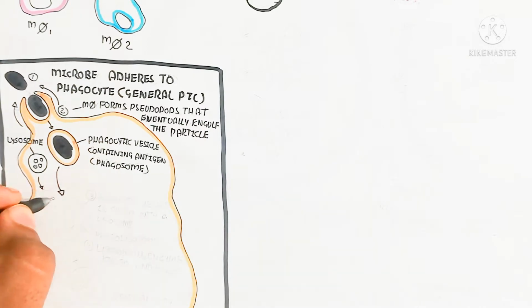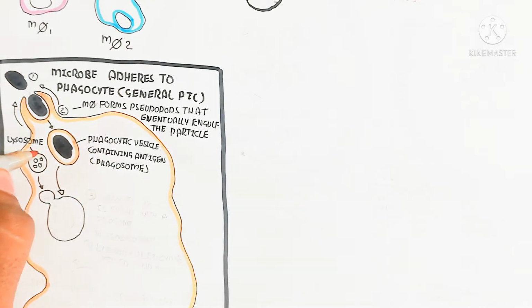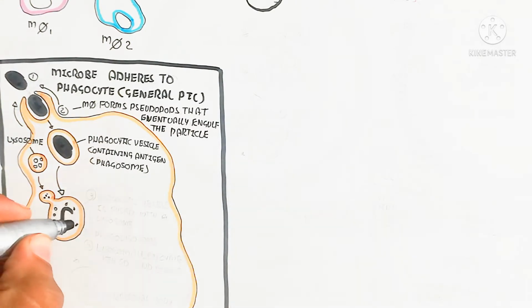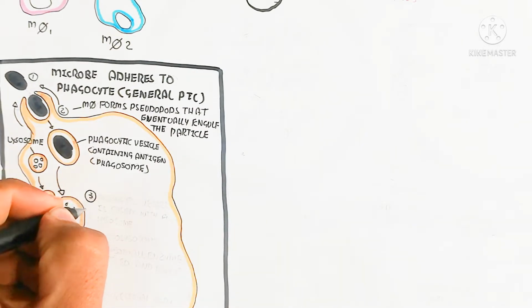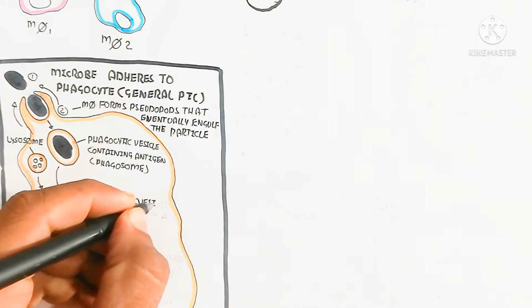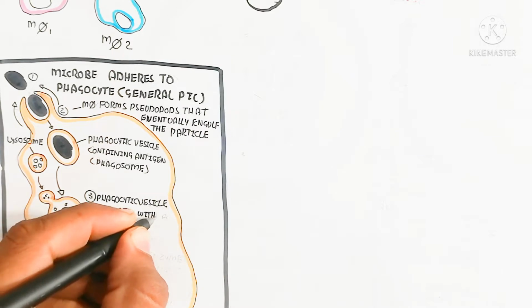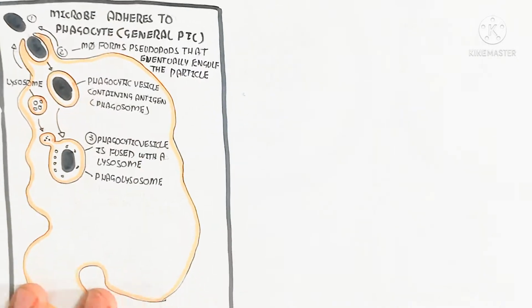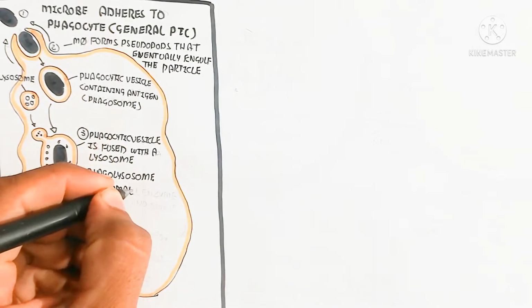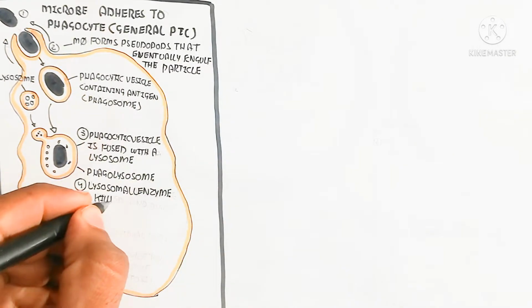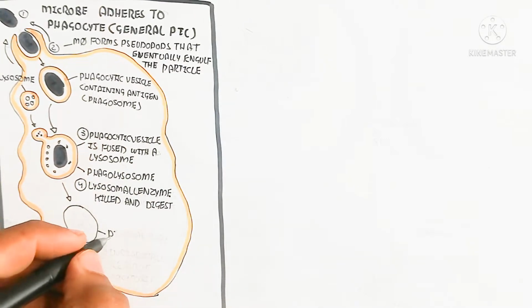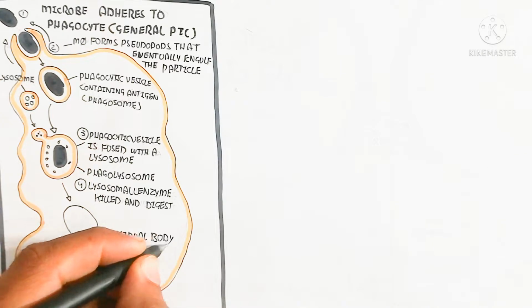This phagocytic vesicle containing antigen is known as a phagosome, and a lysosome will bind with it. The lysosome contains lysozyme enzyme and other hydrolytic enzymes, such as phosphatase and proteinase. The phagocytic vesicle fuses with a lysosome to form a phagolysosome, and the lysosomal enzymes kill and digest the content.